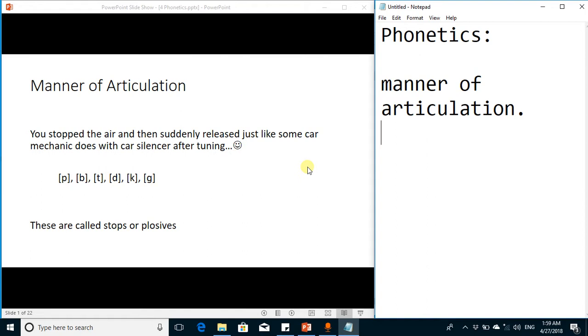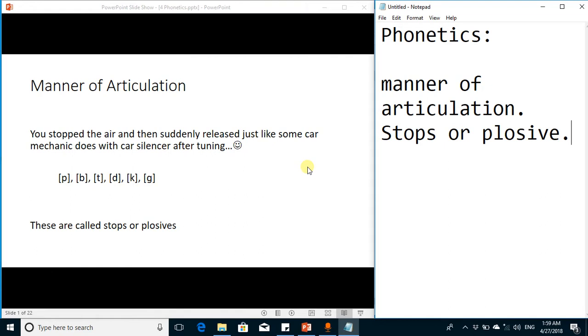The first category is stops or plosives, which is the group of sounds articulated by stopping the airstream and then releasing it.